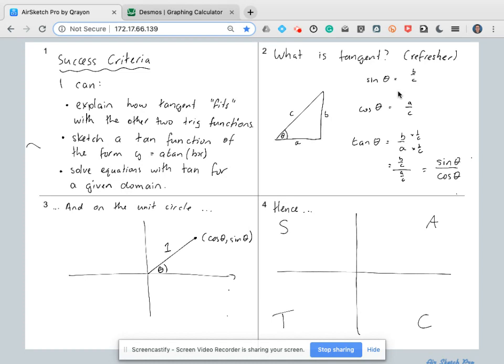And then we said that we would define tan, and you can see now this is consistent with the right angle trig work. We define tan as being sine theta over cos theta. Is that okay so far? This is just refresher work to make sure that you're okay with what we've been doing up until now. Any questions?